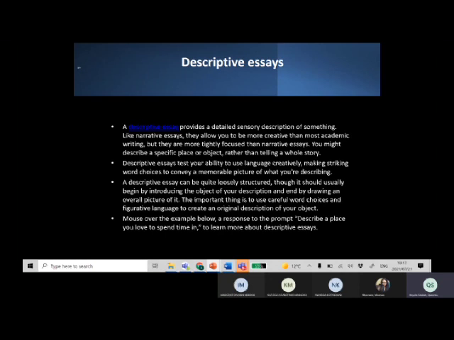You've used figurative language there in a beautiful way to describe that object, in such a way that your reader can close their eyes and see that object and actually understand why indeed it is the most beautiful place for you to spend time in.